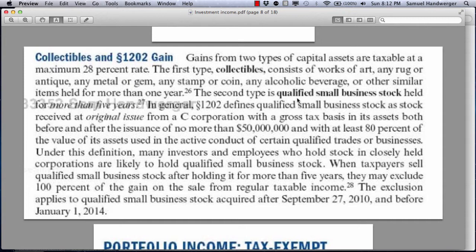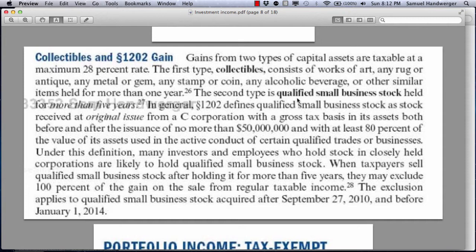So the tax law says, well, just to make sure, we'll tax those at a 28% rate in case anybody's able to hide those from being seen as a trade or business, which is inventory, which would be subject to ordinary income tax rates. So the special 28% rate is kind of an arm of enforcement for the IRS, so they don't have to catch everybody who may be trying that.